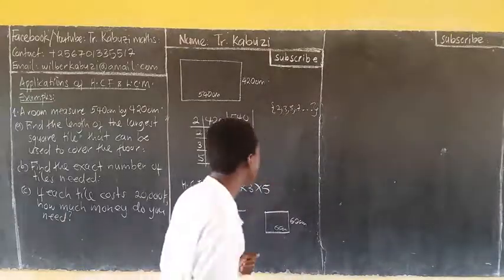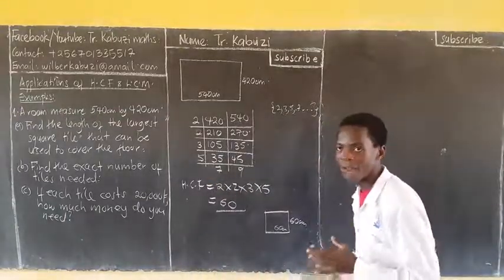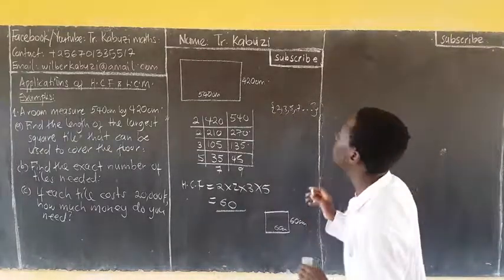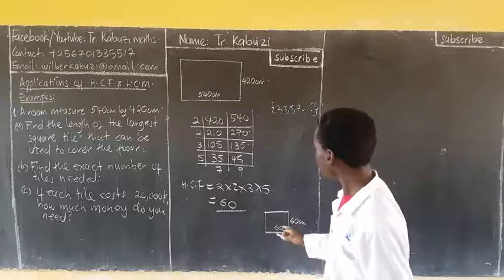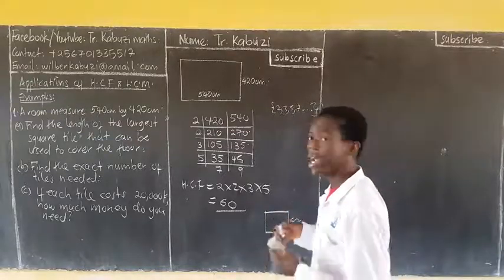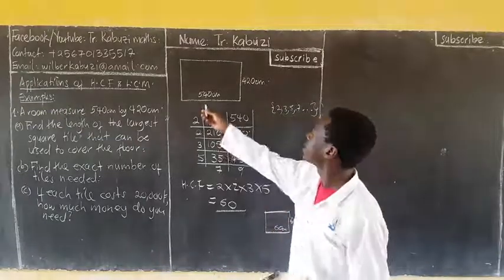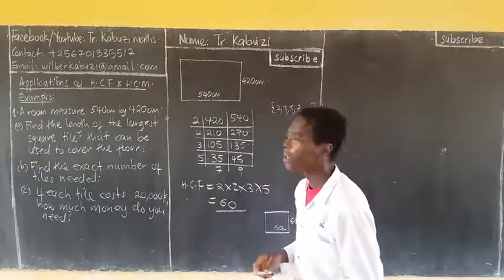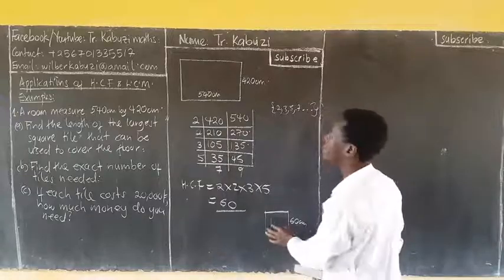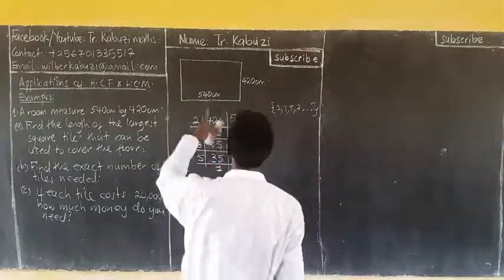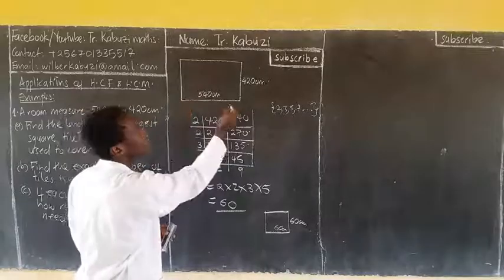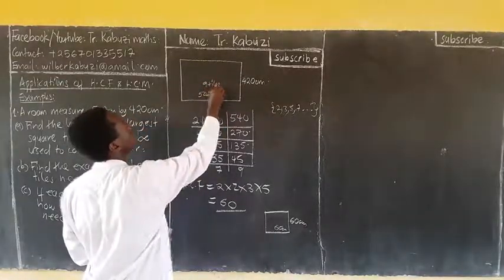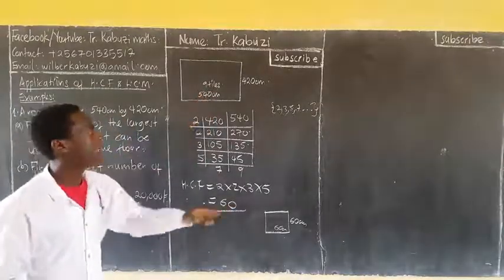Now, because you're a graduate of the new curriculum with LCM and HCF, you can ask yourself, how many 60 centimeters are going to be in 540? What you do, you get 540 divided by 60, you see that in the length, you are going to use 9 times.